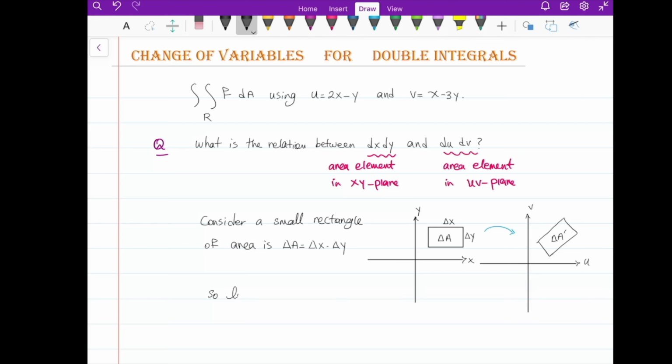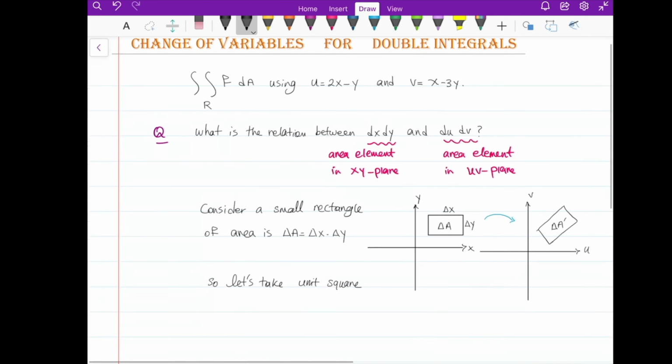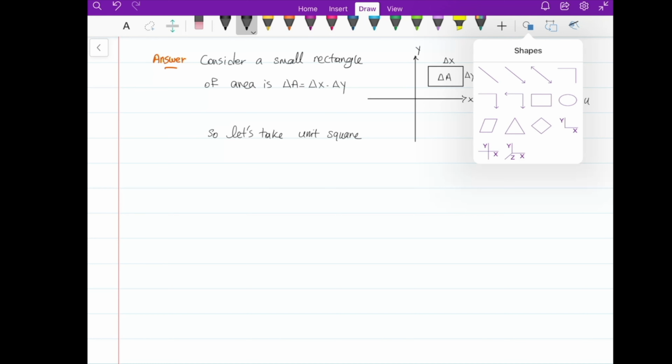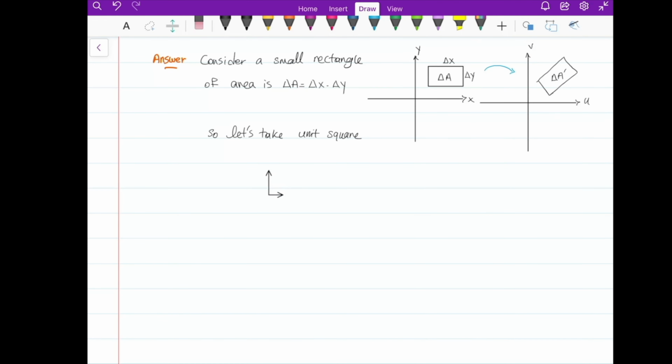Let's take the unit square, and I'm going to see what happens when I change the variables on that unit square. I have this x-axis, this y-axis, and then the unit square.